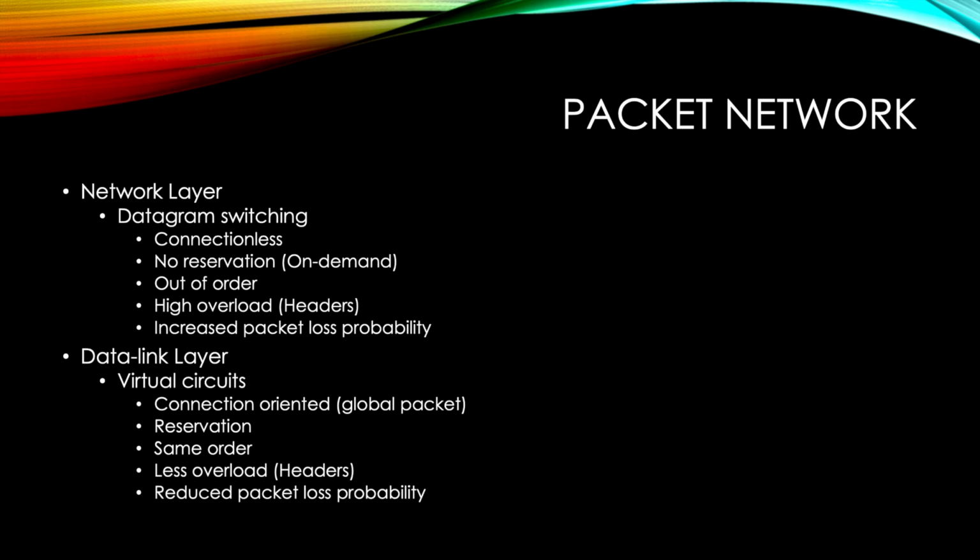All the following packets will follow the steps of this global packet, which means there's a reservation for each of these packets, because as the global packet passes through, it reserves the path for all the packets coming afterwards. And therefore, they also arrive in the same order. So packets 1, 2, 3, 4 will end up arriving as 1, 2, 3, 4.